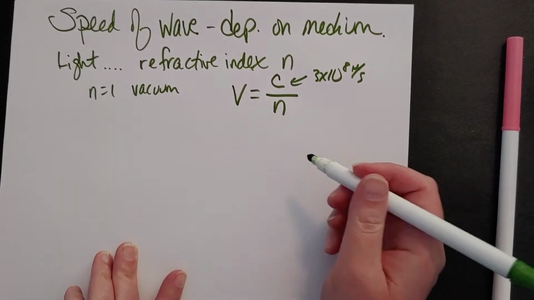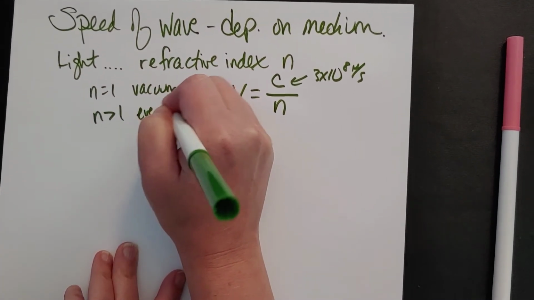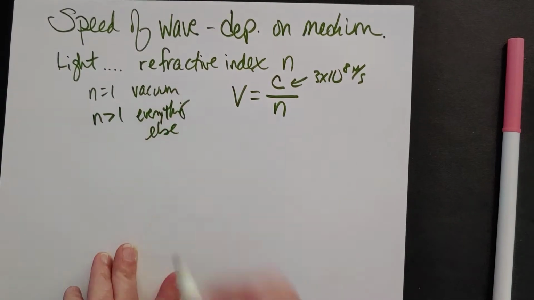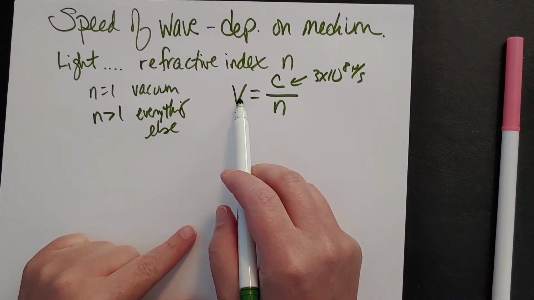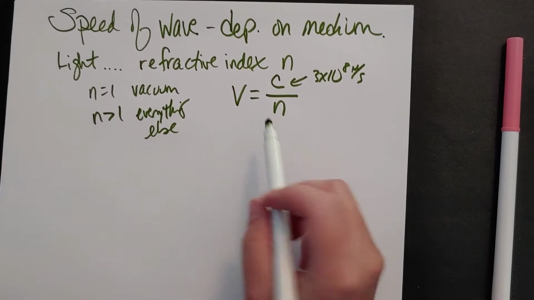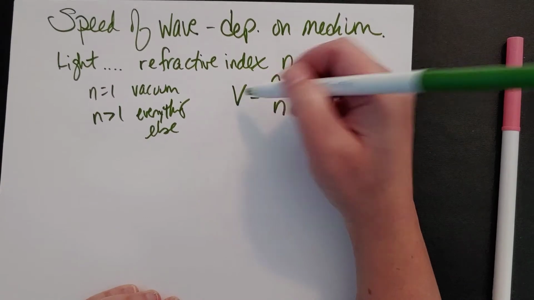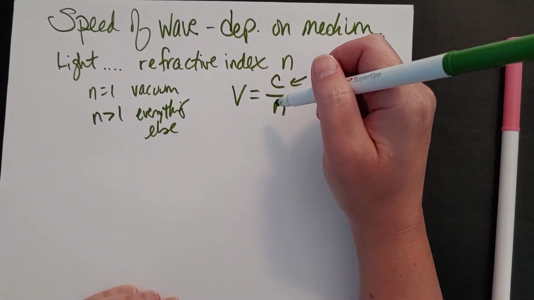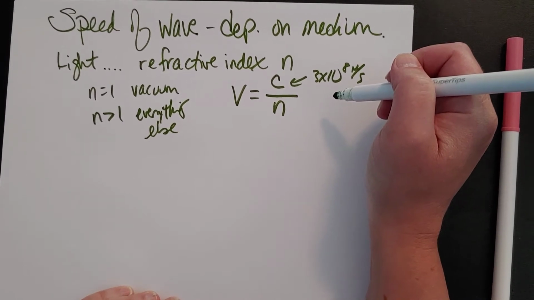The refractive index of a material is always greater than 1. And so that means that the speed of light in a material is always less than the speed of light in a vacuum. Cool.